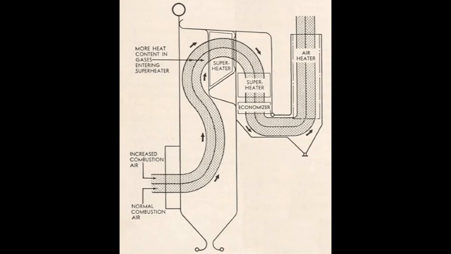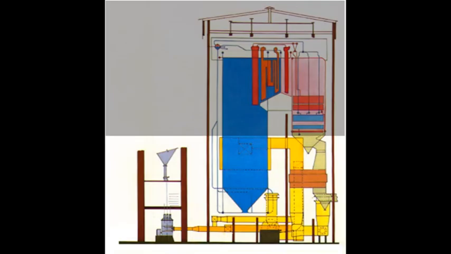One fan is called primary air fan, PA fan, which is supplying the primary air, or there is another fan which is called secondary air fan, or both primary and secondary air may be supplied by a single forced draft fan.